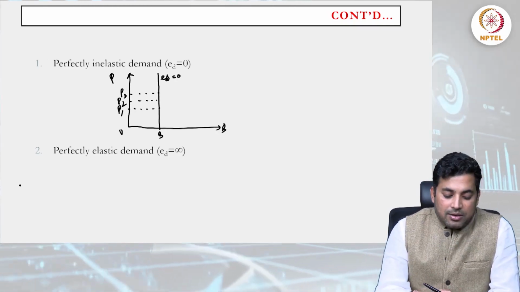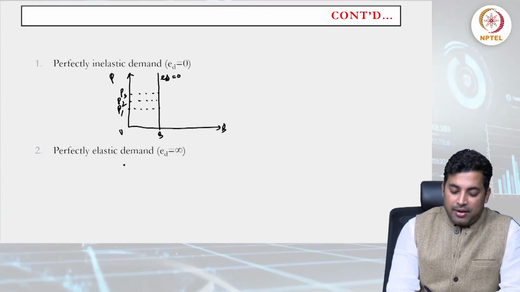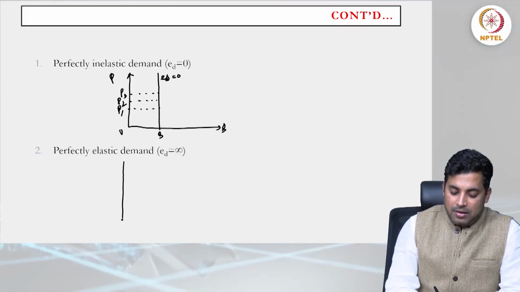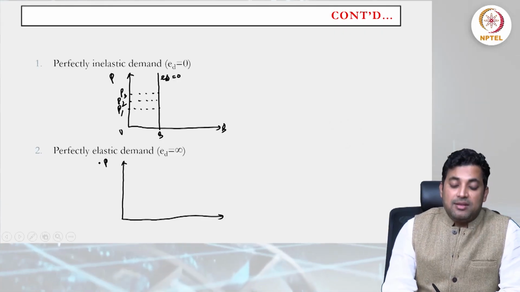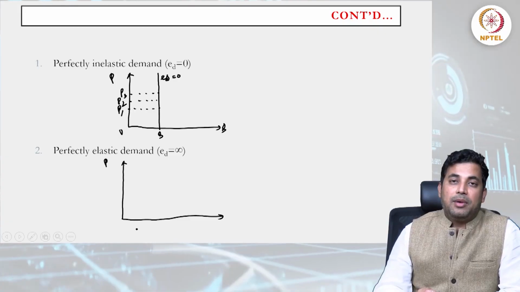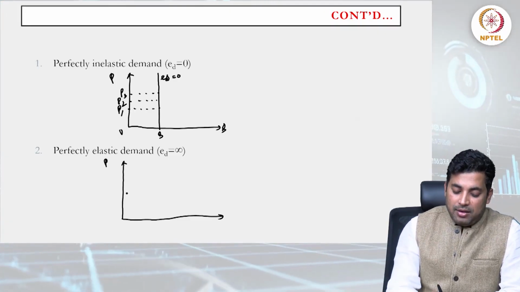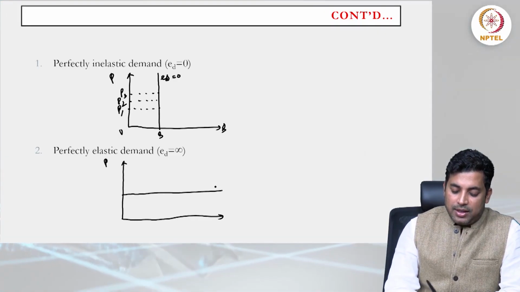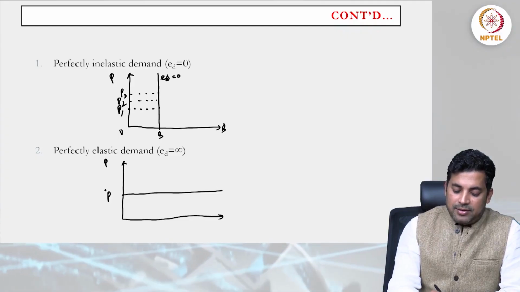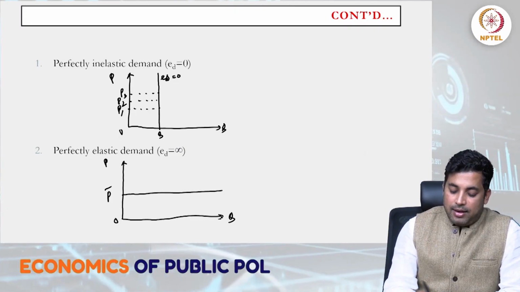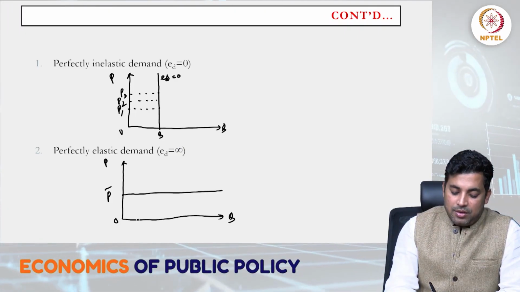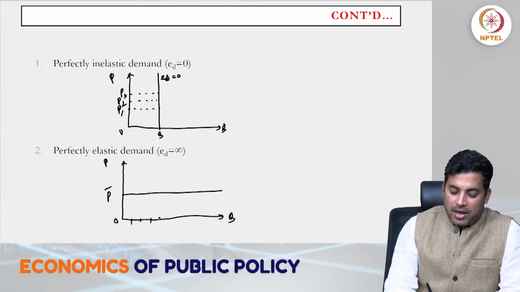So now in case of perfectly elastic demand, there won't be any changes in the price, but there will be a rise in the quantity demanded. Say the price is fixed at P bar, and you can see that the change in the price is 0.